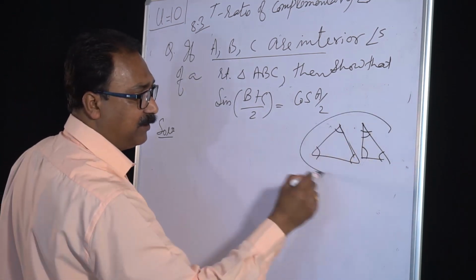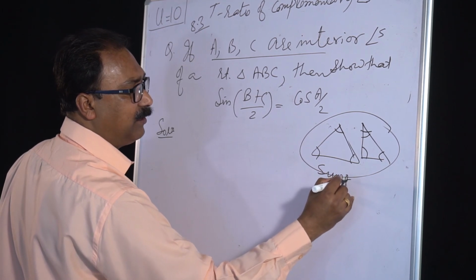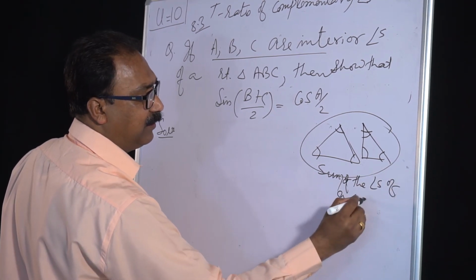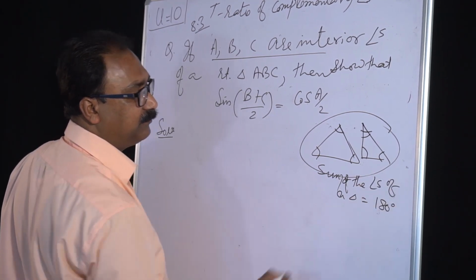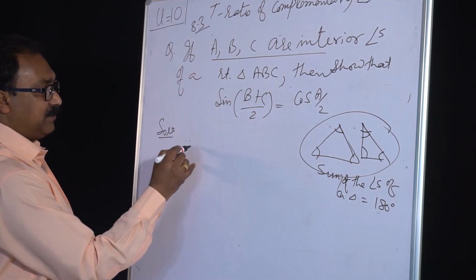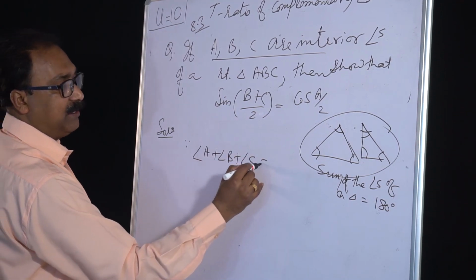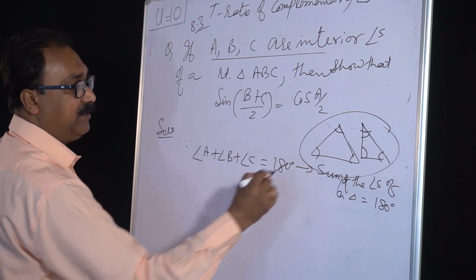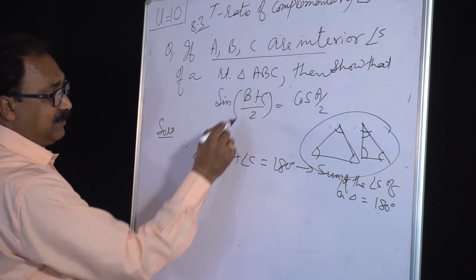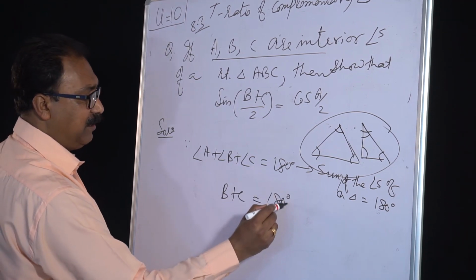This is the angle sum property: the sum of the angles of a triangle is 180 degrees. So angle A plus angle B plus angle C equals 180 degrees. Clear? Now we want B plus C, so B plus C equals 180 degrees minus A.